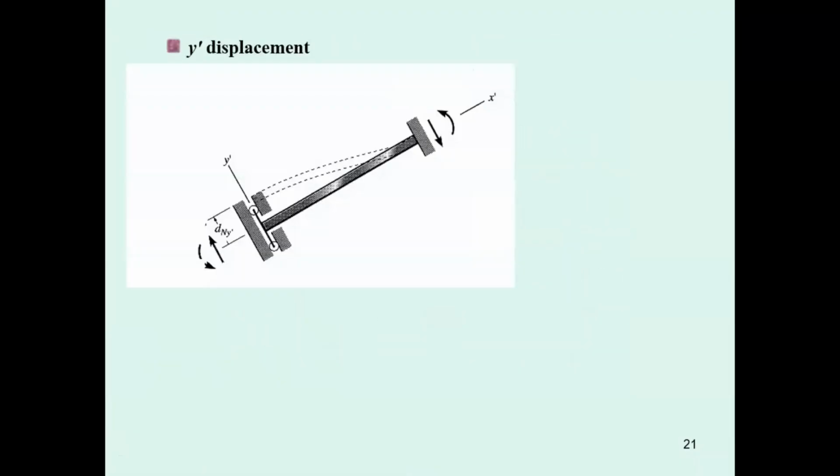Now, for the y prime displacement, suppose this only has the D sub n y prime. Again, if we say this is A, this is B, the moment over here is going to be M sub AB.